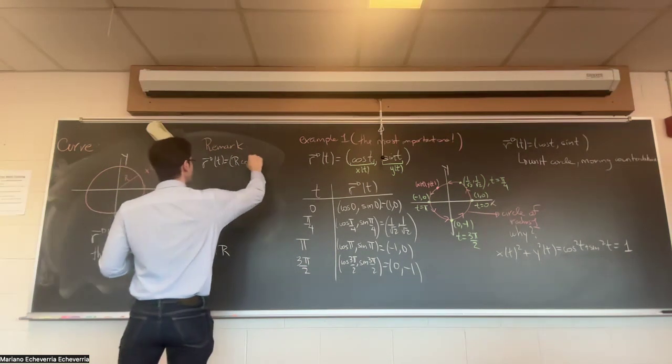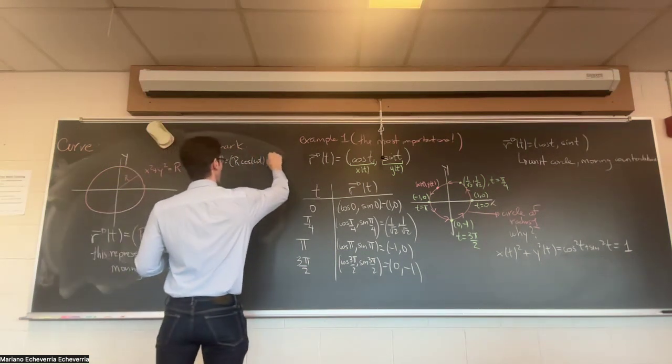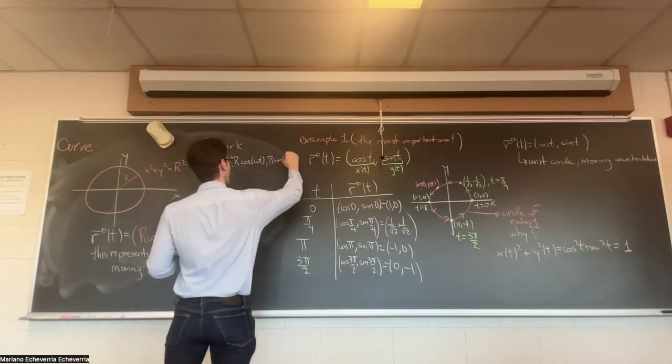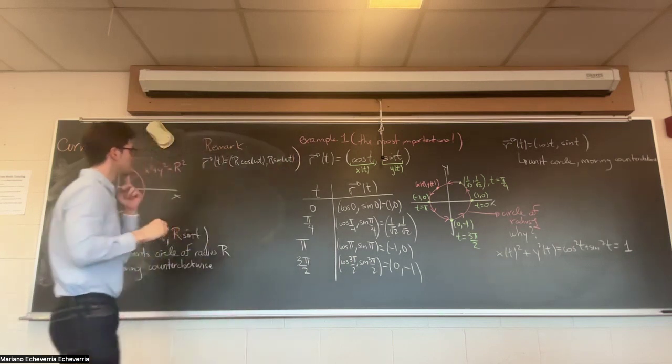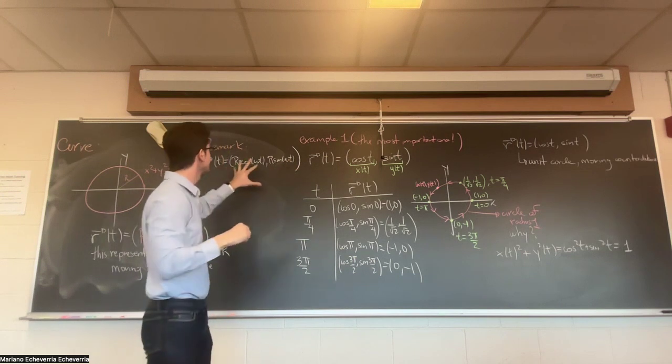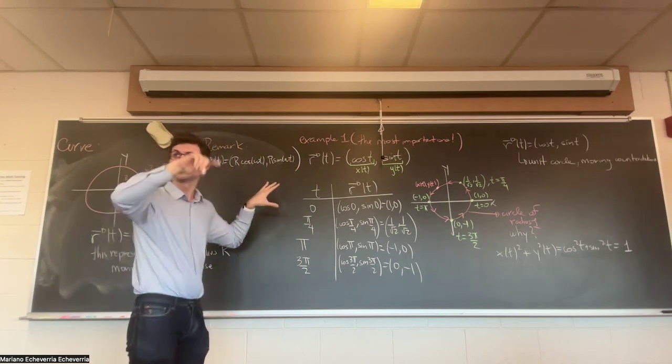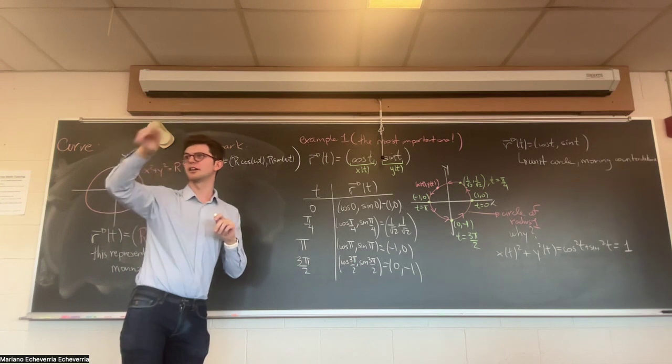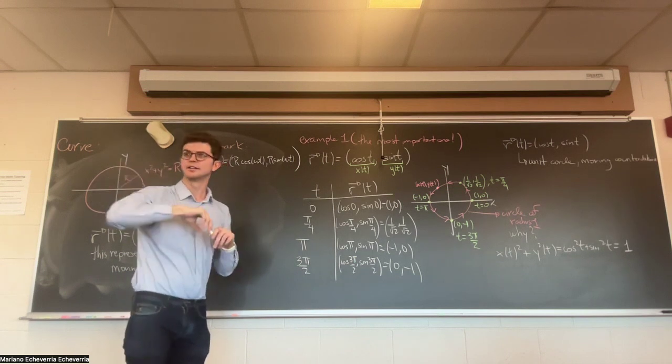If you write r cosine of omega t, r sine of omega t, that is still a circle of radius r, but where the particle is moving with angular velocity omega, if you have seen that.